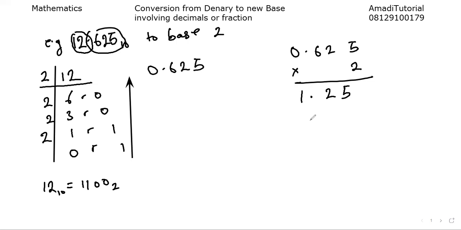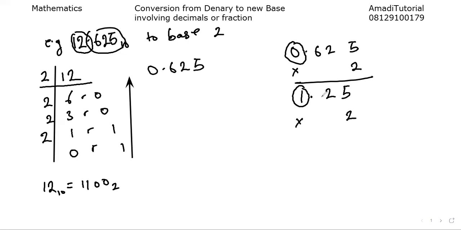So what you do, you circle out the whole number part here, which is 1. Then we multiply again by 2. But we are not going to do 1.25 times 2. What we're going to do is 0.25 times 2. You understand? We are only multiplying 2 with the decimal part.